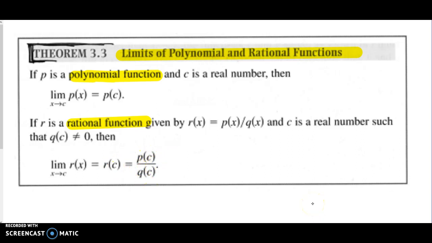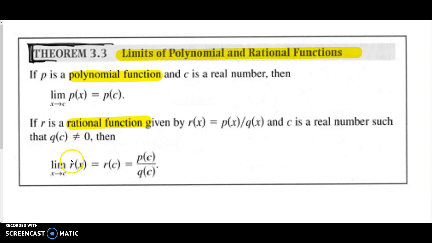Now you might be thinking, oh my gosh, why is she talking so fast? Second of all, what does this even mean? What this means, what I alluded to in a previous video, is that we can use direct substitution if it's a polynomial or rational, assuming that the denominator in the rational is not 0. Okay?